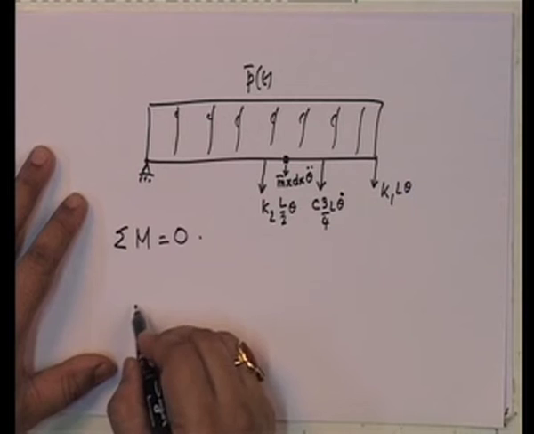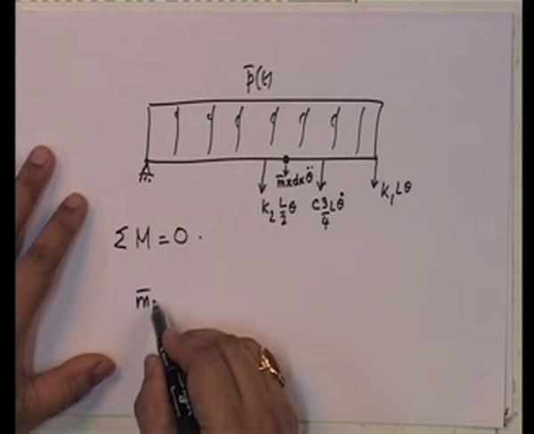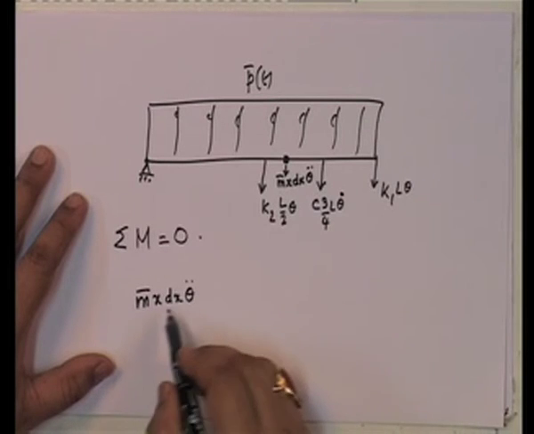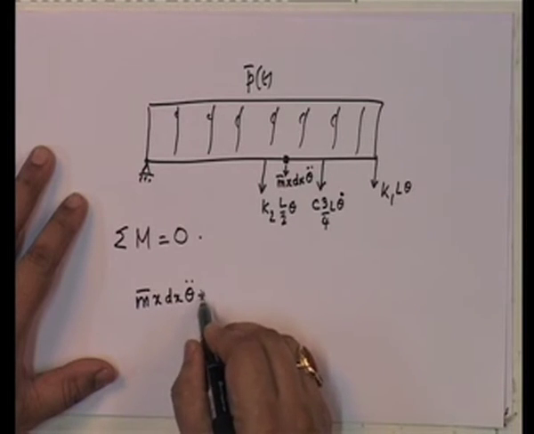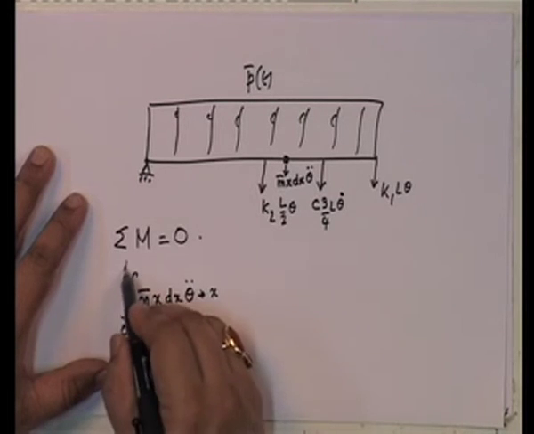I get one, which is M bar x dx theta double dot, which is the infinitesimal area multiplied by x, and this integrated over the whole length.